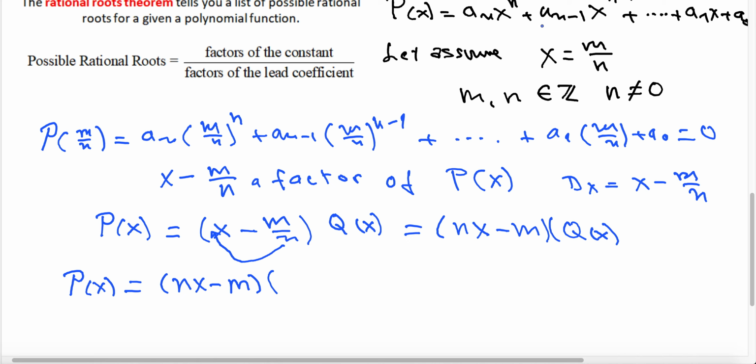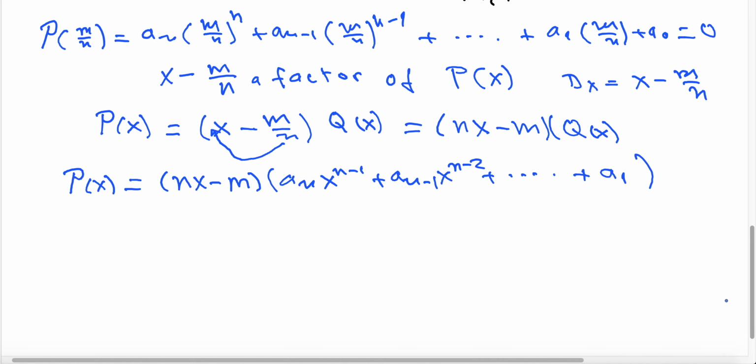We already know when we divide this polynomial by the linear binomial x minus m/n, the quotient is going to be 1 degree less. If it's 1 degree less, we have a_n x^{n-1} plus a_{n-1} x^{n-2} plus dot dot dot plus a_1. And now simply we are going to distribute nx minus m in this expression here.